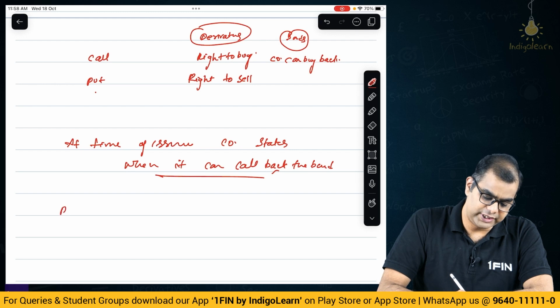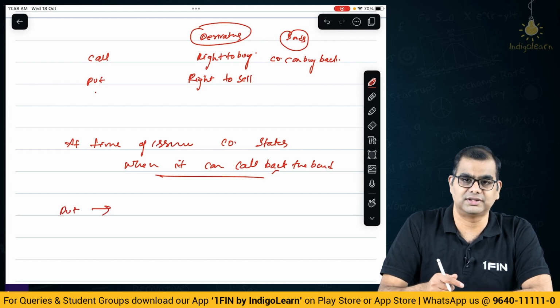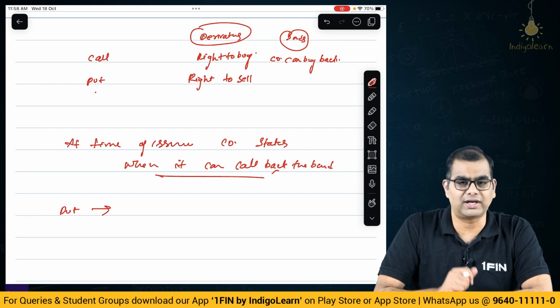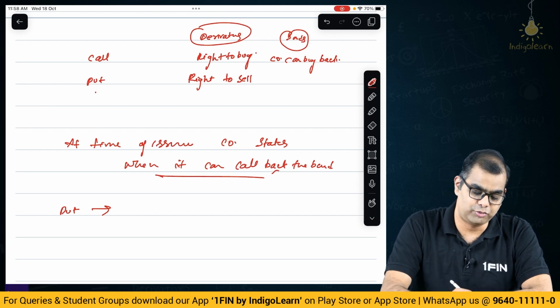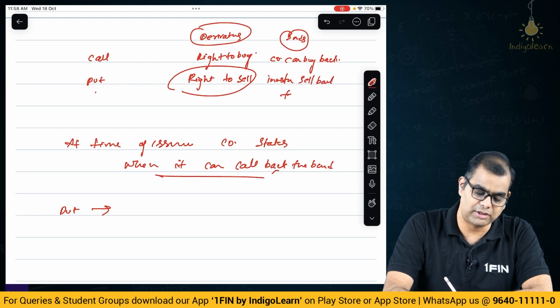Put is when the investor, that is the person who has invested in the company, or rather the person who has lent to the company, has a right to sell the bond back to the company. So, put is what? A right to sell. In case of bonds, the investor sells back to the company.